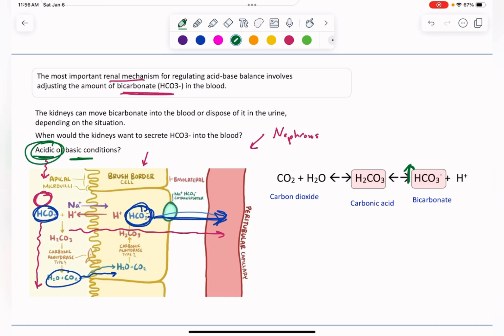During acidic conditions, you have too high levels of hydrogen ion, so the kidneys are going to increase the level of bicarbonate in the blood. That's going to shift the equation to the left, and that excess bicarbonate is going to be able to tie up that free hydrogen ion and again convert it to water, and that's going to bring pH back to where it needs to be.